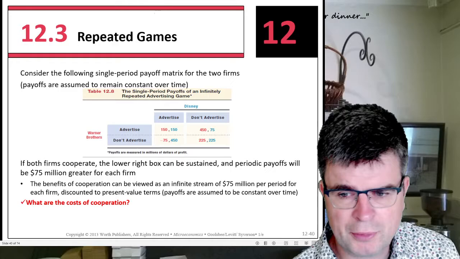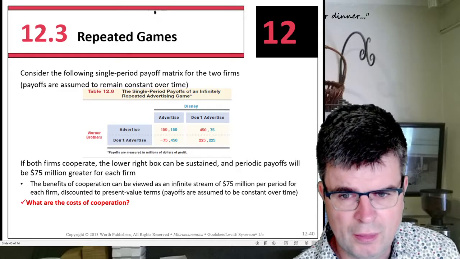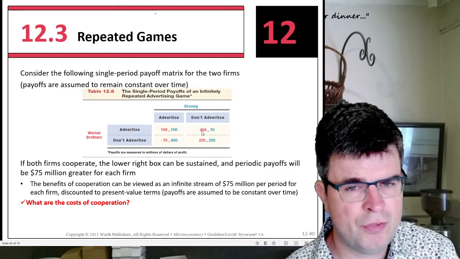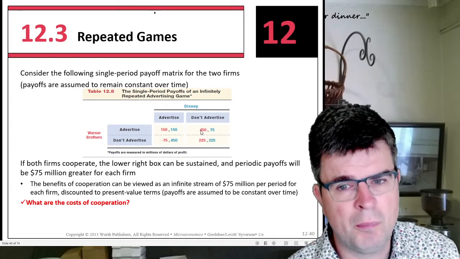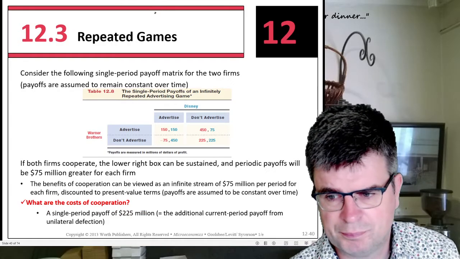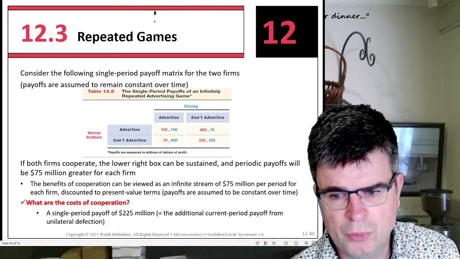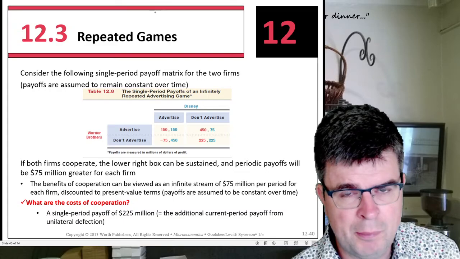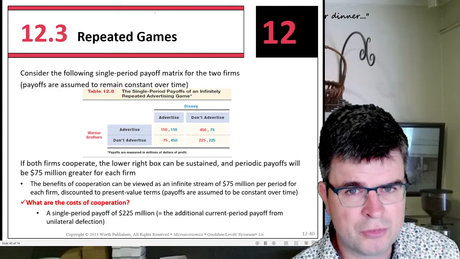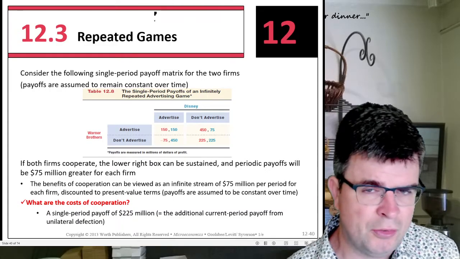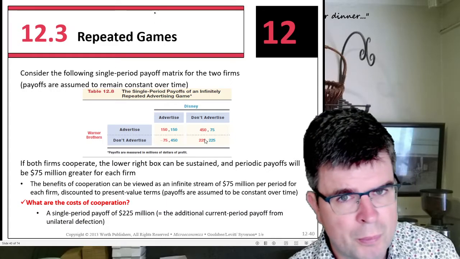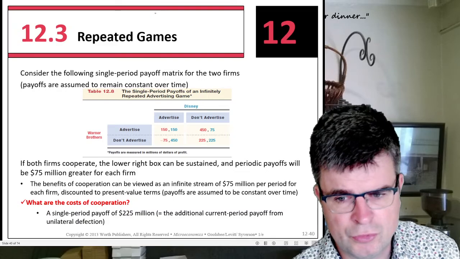The cost of cooperation is that the firms will never get this payoff of 450 as long as they both don't advertise. If you would advertise in a period where the opponent sticks to not advertising, you could earn 450 instead of 225. So the cost of cooperation is a single period payoff of 225.